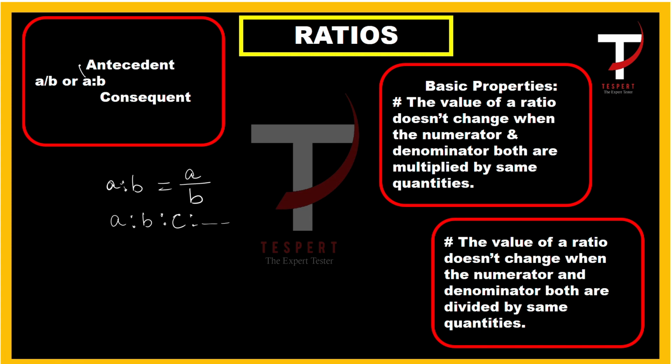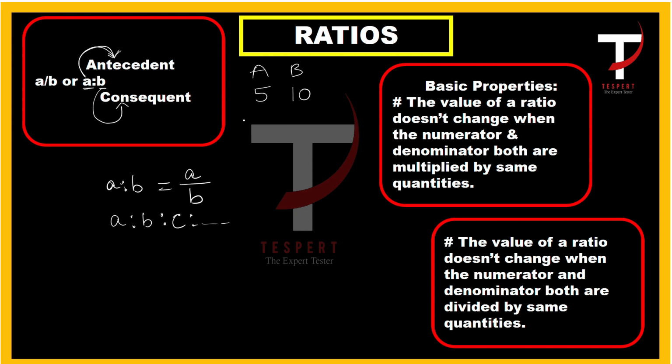In A is to B, the first value, which is A, is known as the antecedent, and the second value is known as the consequent. Let's say you have 5 chocolates and your friend has 10 chocolates.